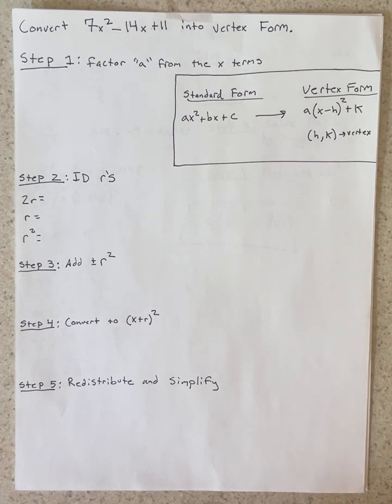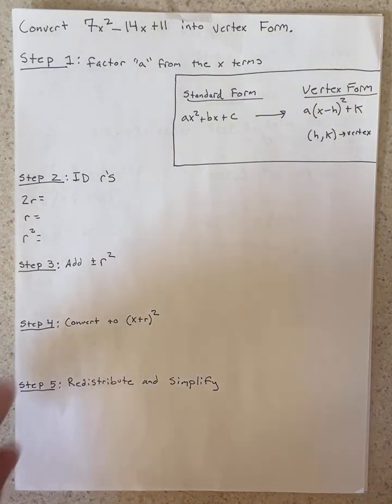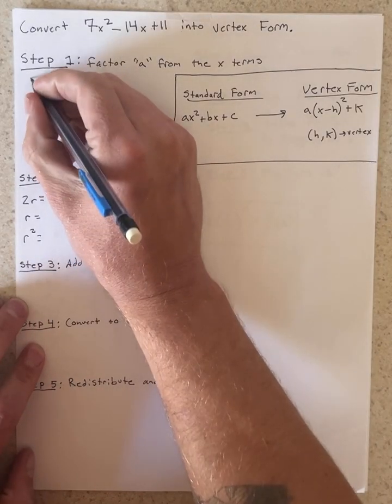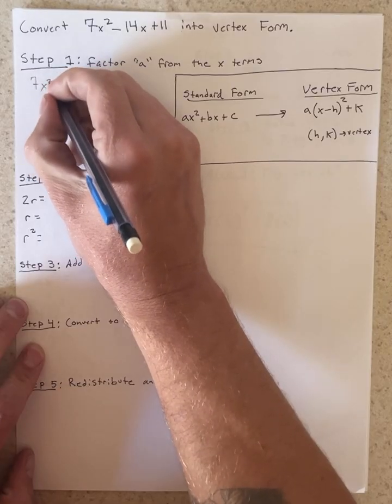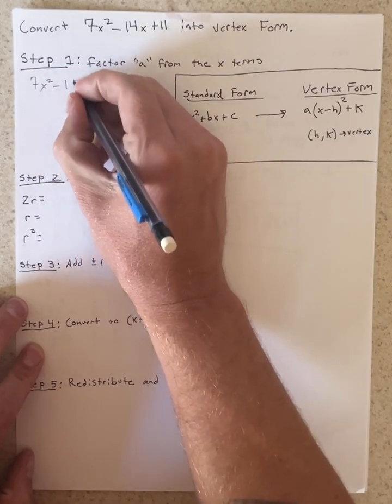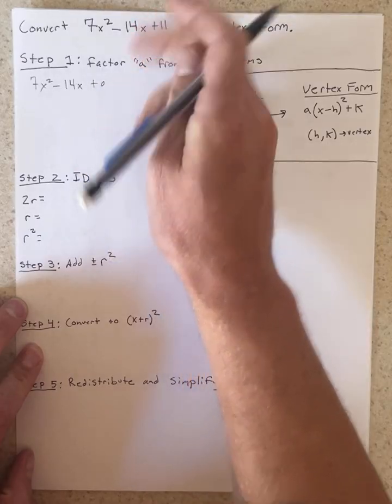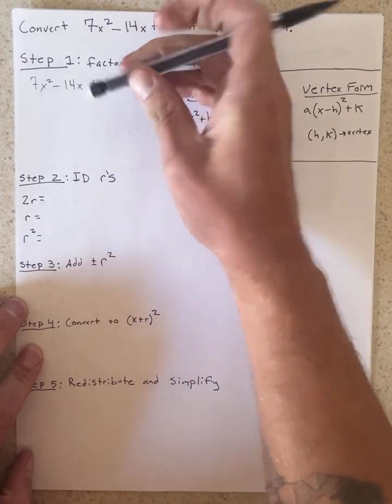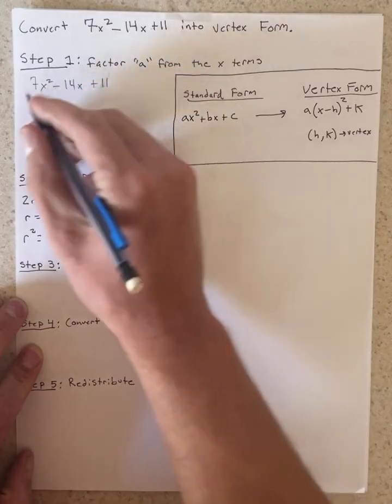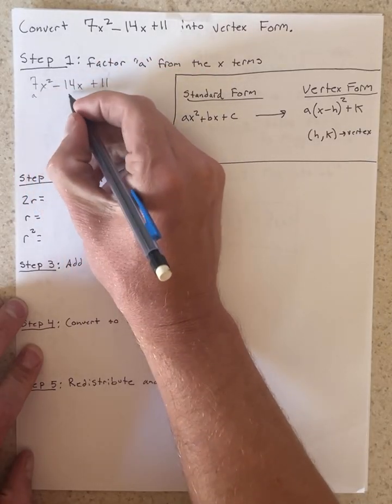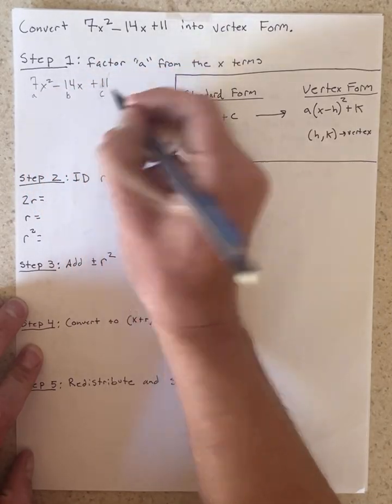In step one, when we're going to do this, is to factor out the a term from the x terms. So if I have 7x squared minus 14x plus 11, here's my a term, this is my b term, and this is my c term.